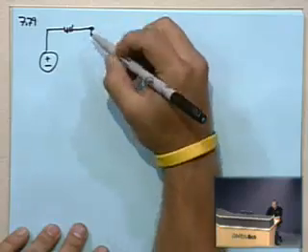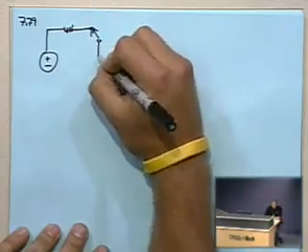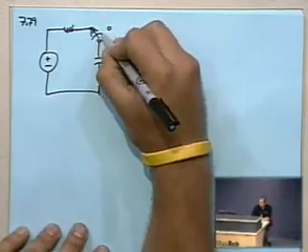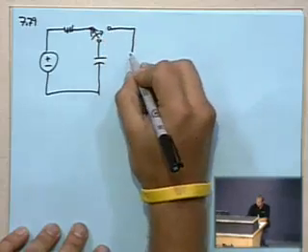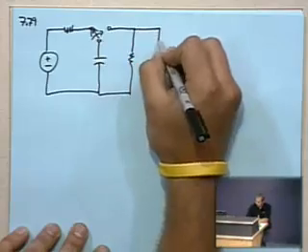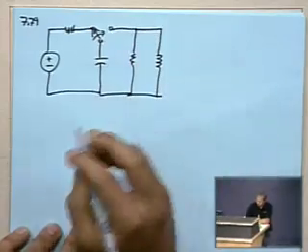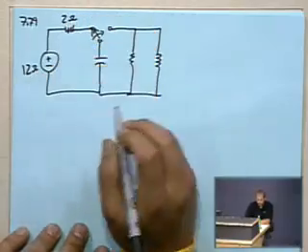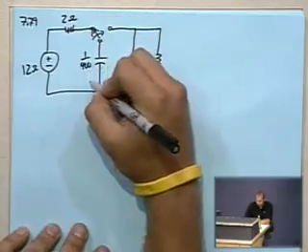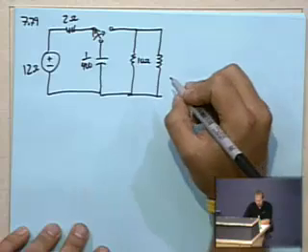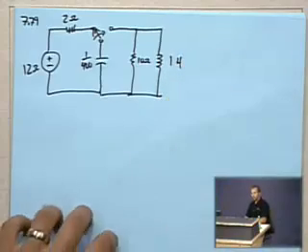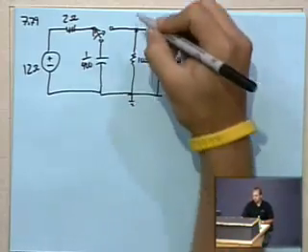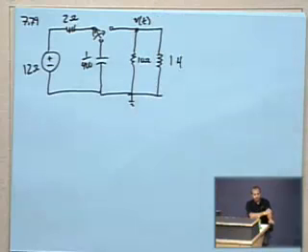So there's a 2 ohm resistance here, and it wants you to find the voltage V of t with respect to time. And so this is obviously a second order circuit.